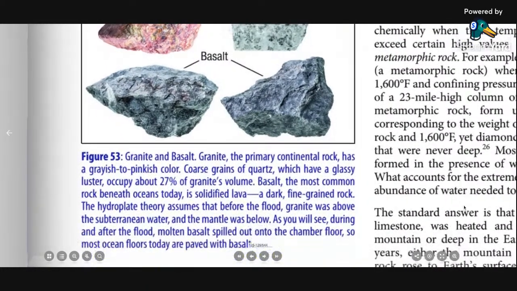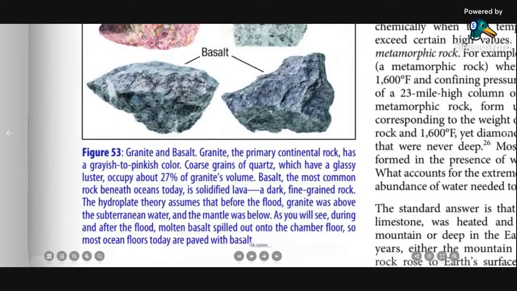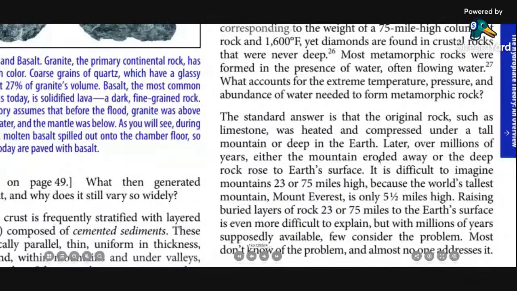Basalt, the most common rock beneath oceans today, is solidified lava, a dark, fine-grained rock. The hydroplate theory assumes that before the flood, granite was above the subterranean water and the mantle was below. As you will see, during and after the flood, molten basalt spilled out onto the chamber floor, so most ocean floors today are paved with basalt.